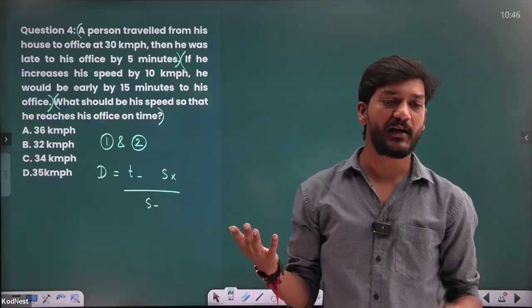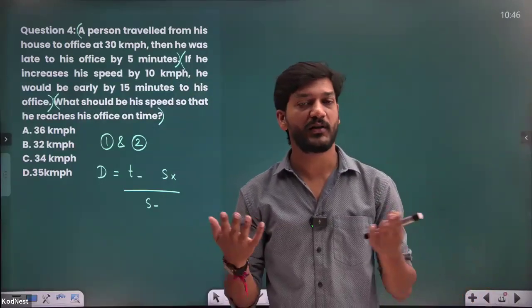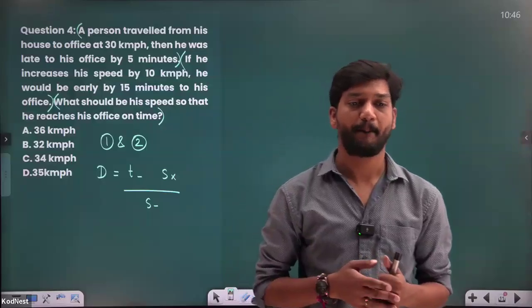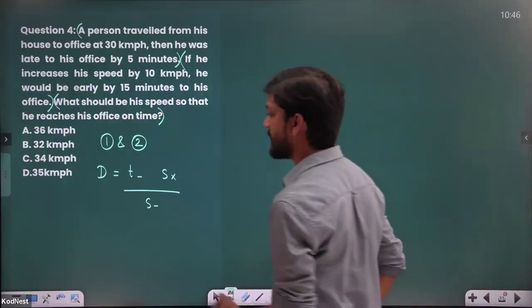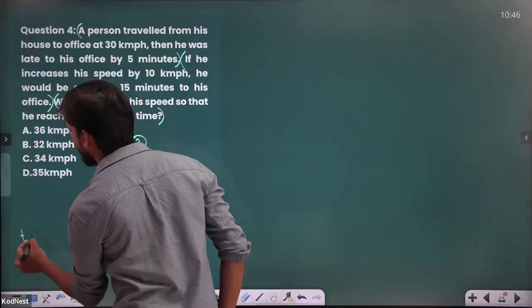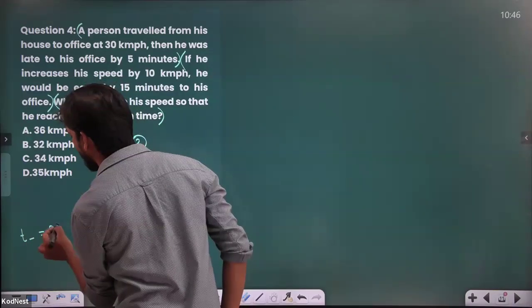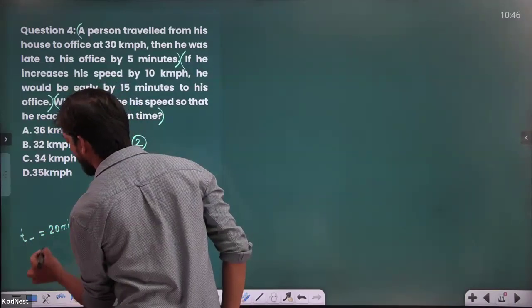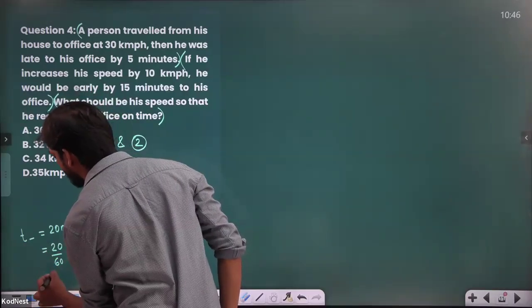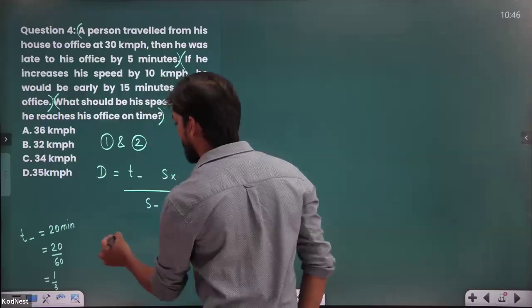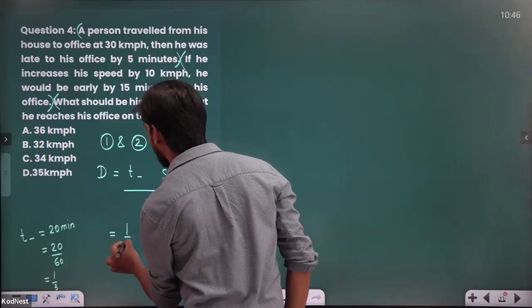So 5 minutes late, 15 minutes early. What is the time difference? Time difference is 20 minutes, that means 20 by 60 or 1 by 3. So the time difference value is 1 by 3.